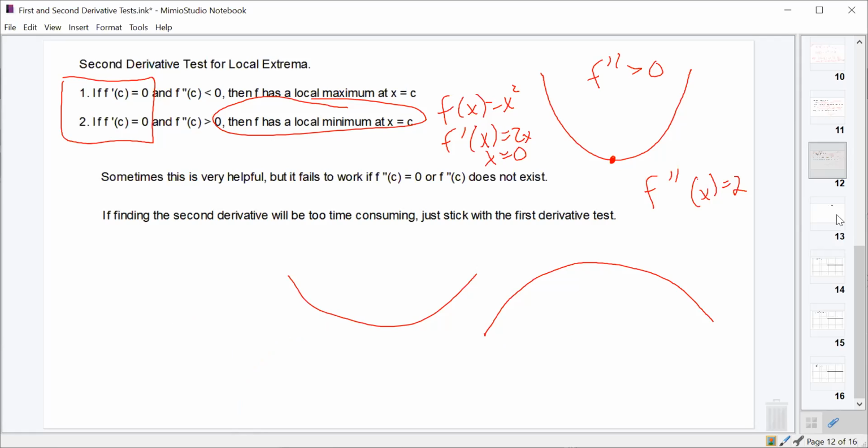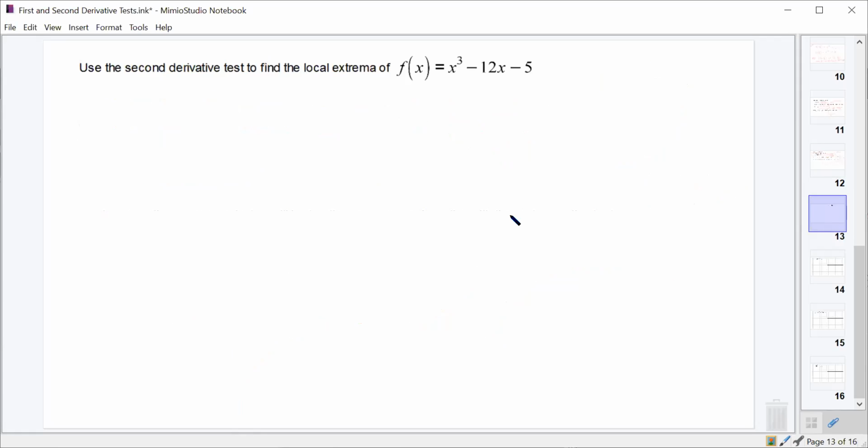All right, so we're going to use this test to try and work out the extrema of this function, x cubed minus 12x minus 5. So let's find our critical values first. How do we find our critical values? Find the first derivative and then set it to 0. All right, find our first derivative.